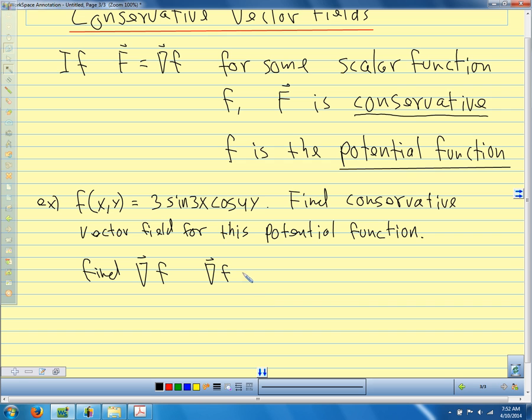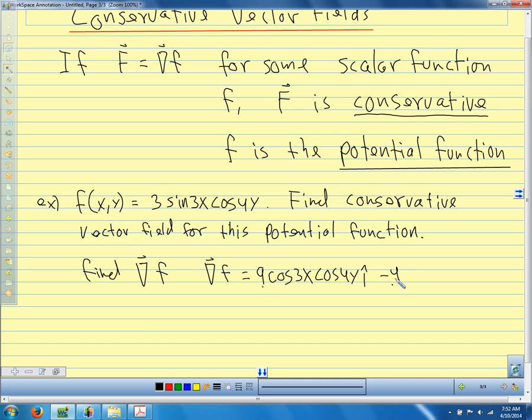So del f is 3 cosine 3x cosine 4y i hat when we take the partial with respect to x, and we take the partial with respect to y, minus 4 times 3, which is minus 12 sine 3x sine 4y j hat. So the x component should be a 9: 3 times 3 is 9.